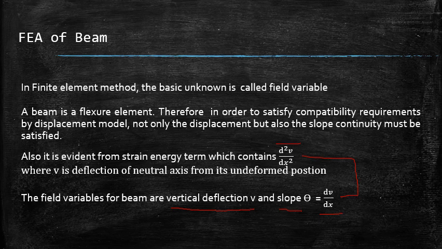So v and theta, theta is nothing but dv by dx. These are the two field variables, these are the two basic unknowns that we will first consider before starting analysis of beam. Now it is clear that for beam the field variables are vertical deflection and slope.